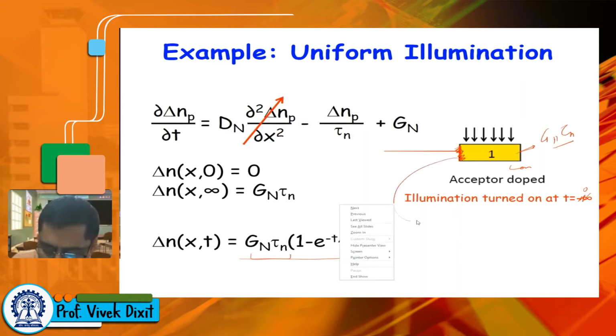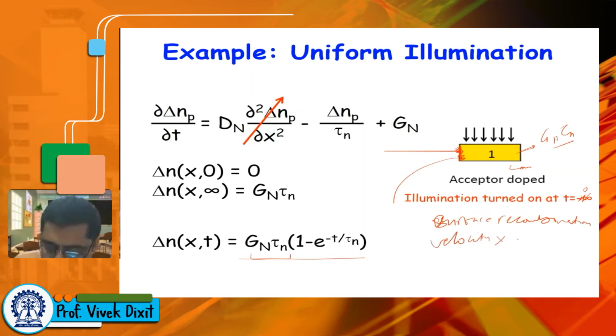So the recombination rate at this surface will be the surface recombination velocity times delta n. That will be the rate of recombination at this interface.